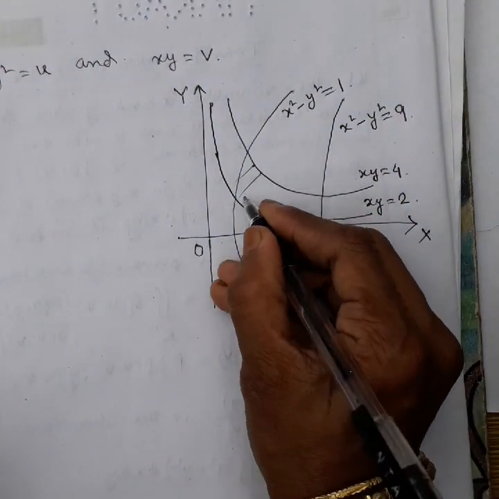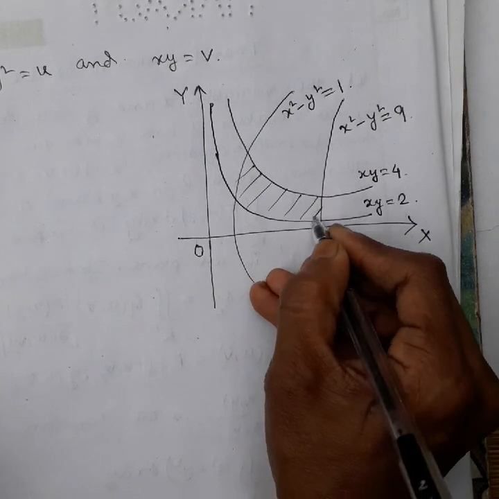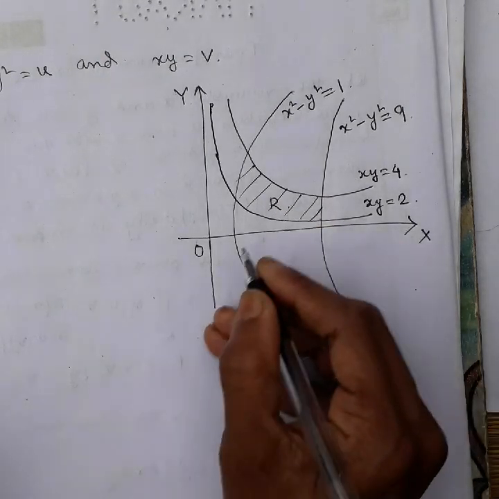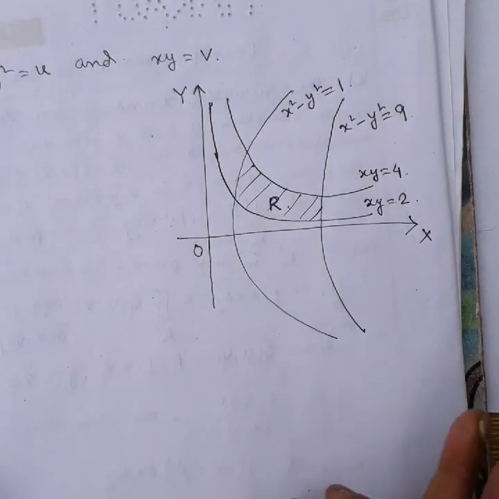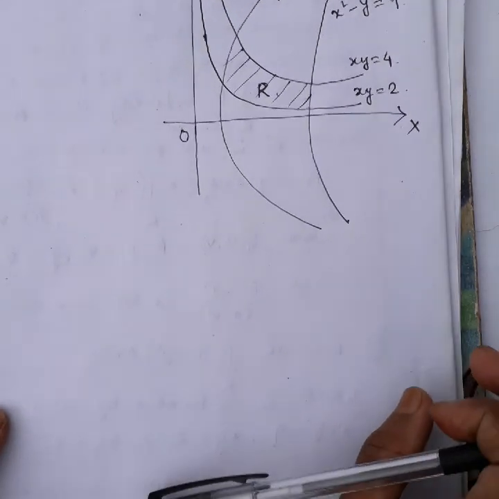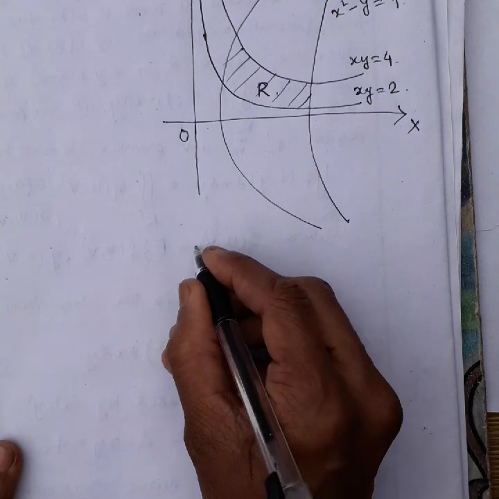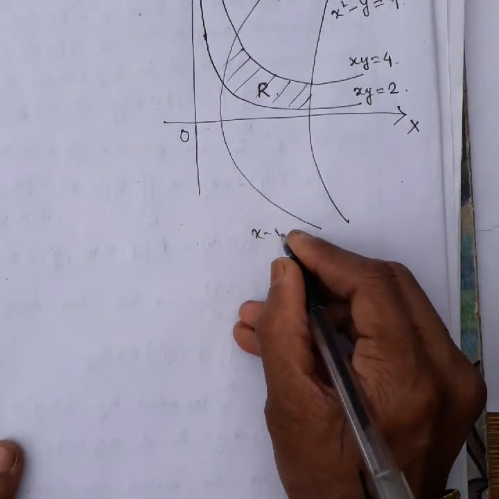So this is our bounded region capital R in the xy plane.